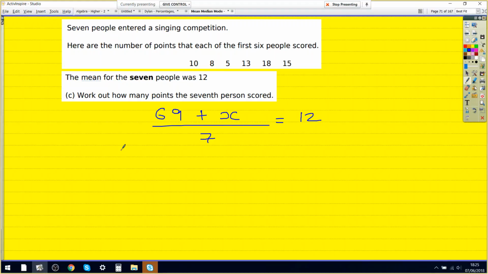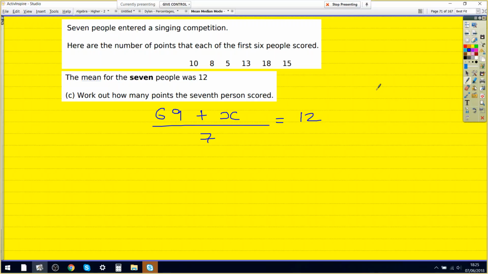Any idea how you do that? Could it be 3? Well, how do you work out what divided by 7 gives you 12? What divided by 7 will give you 12?